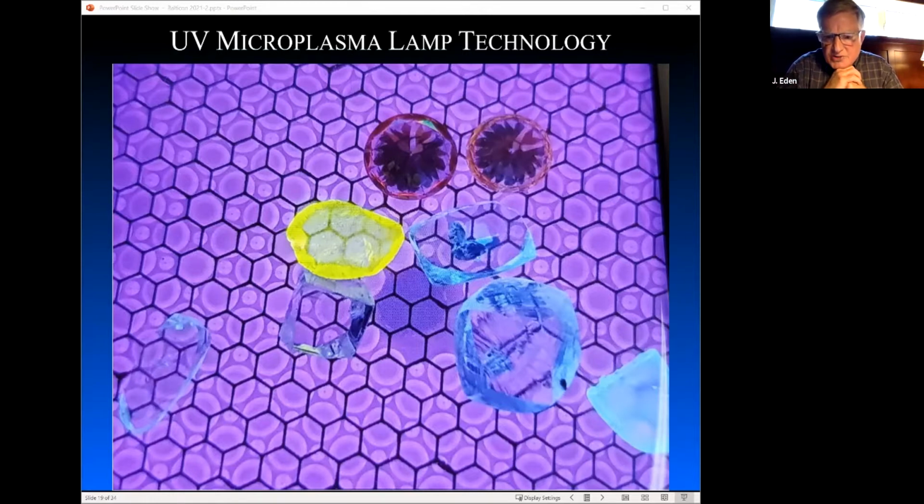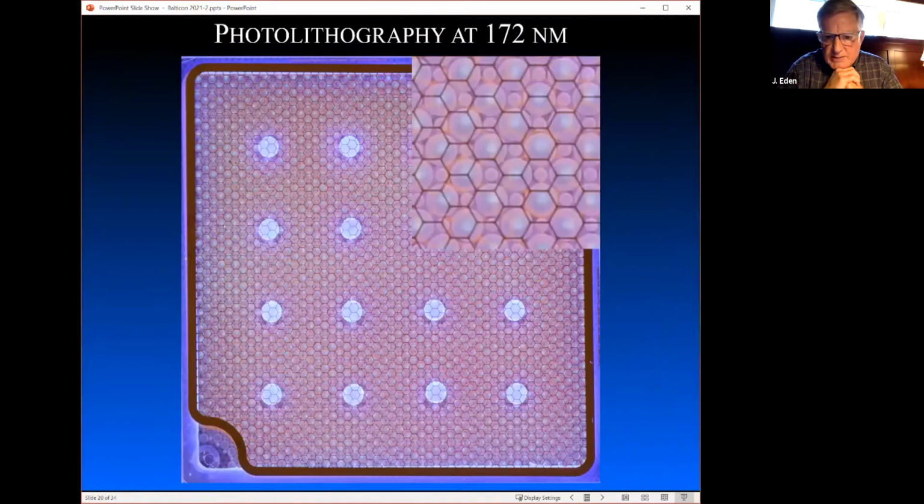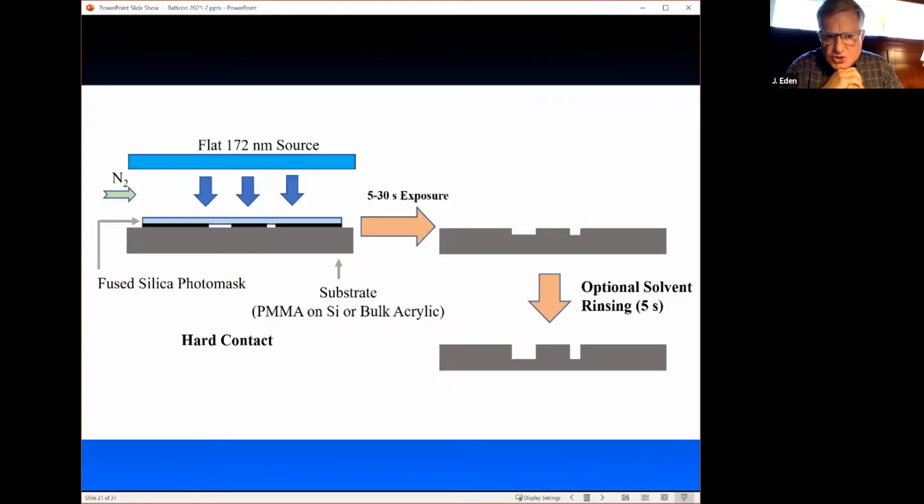The next slide is a picture of one of the lamps that is producing light at a shorter wavelength still. And the next slide shows what we can do with some of these lamps. The lamp that I just showed you on that last slide is emitting at 172 nanometers.